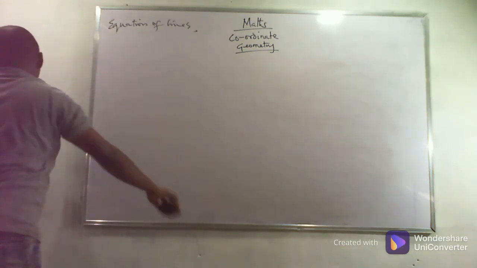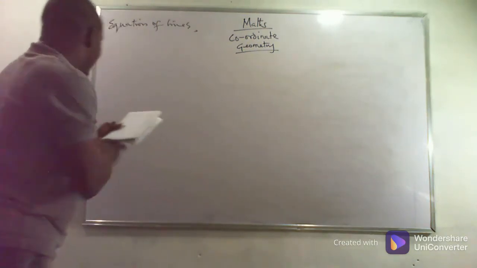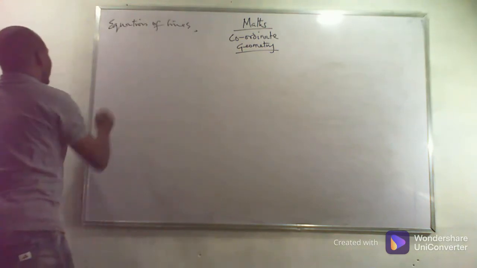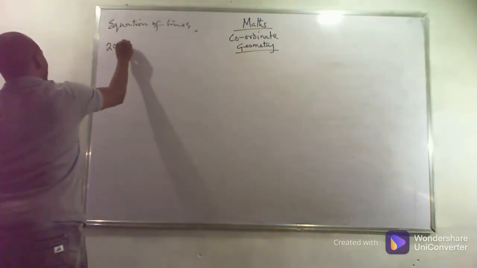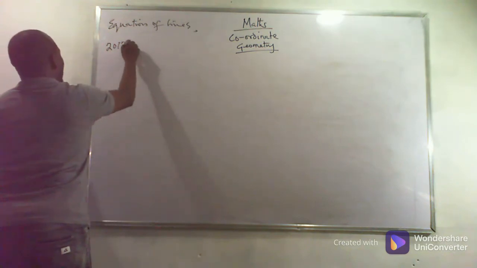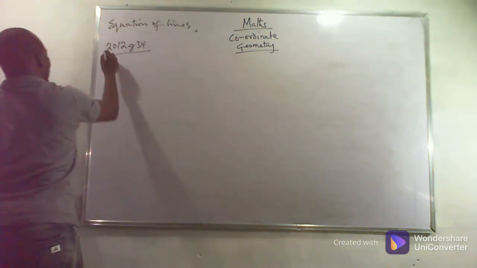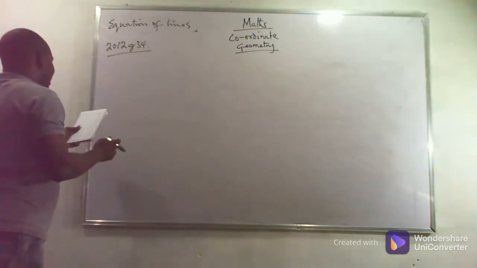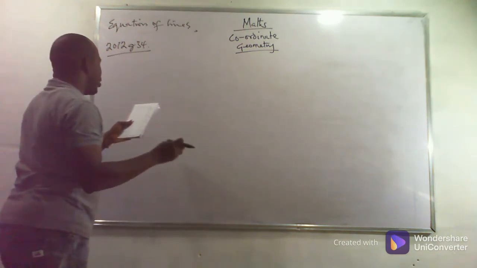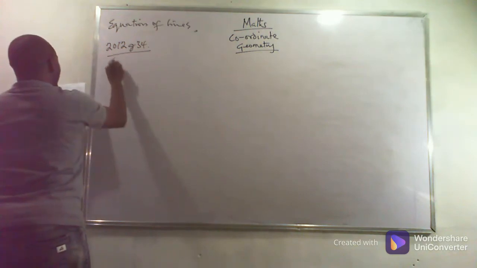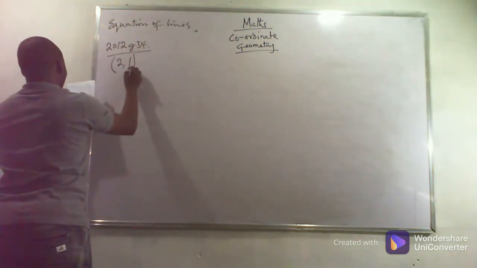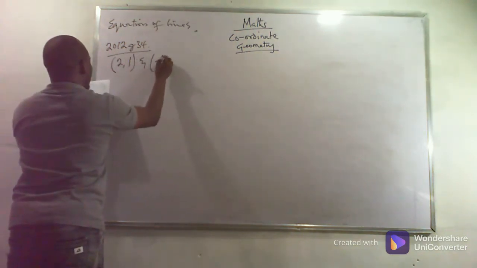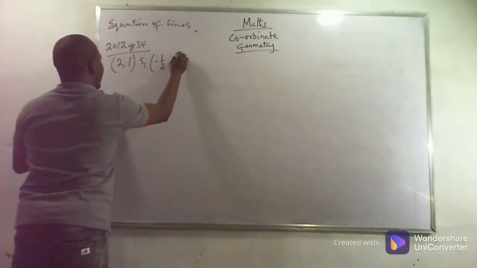Let's look at this question. The question was from JAMB 2012, question number 34. The question is very direct. They said, find the equation of the line that passes through 2, 1 and minus 1 over 2, 4.